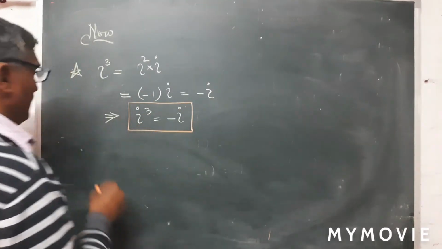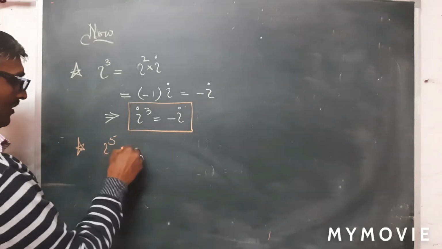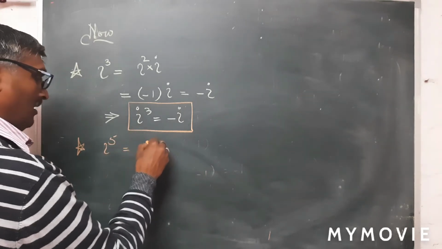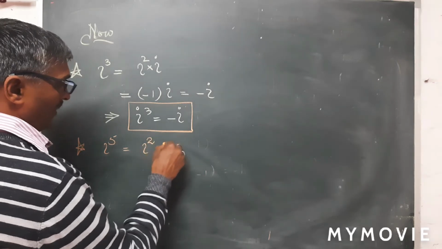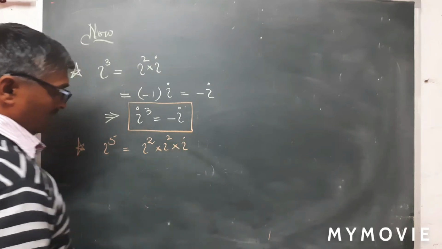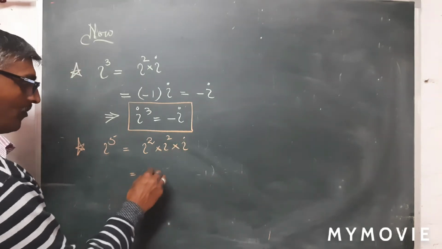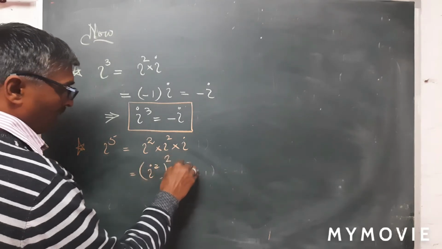Note it. Next is iota to power 5, that is iota to power 2 into iota to power 2 into iota. That is iota square to power 2 into iota.